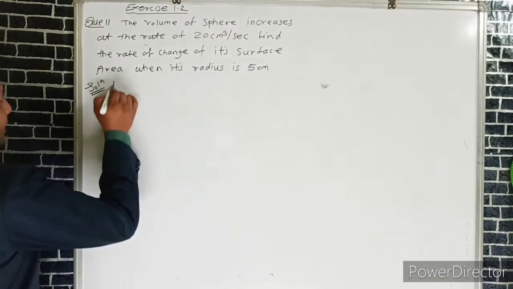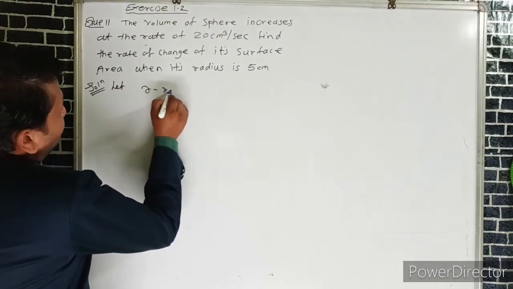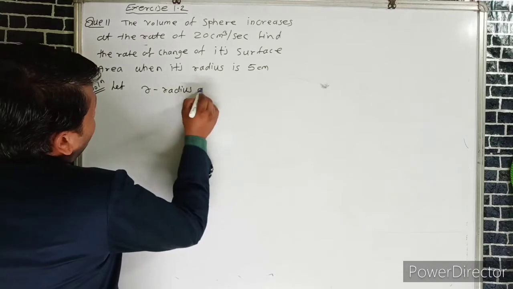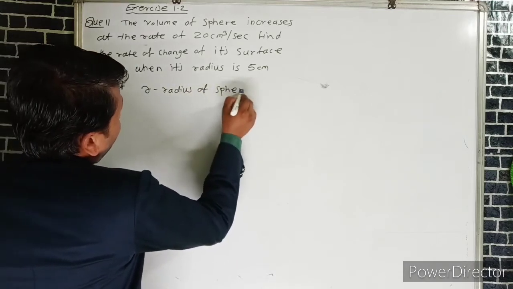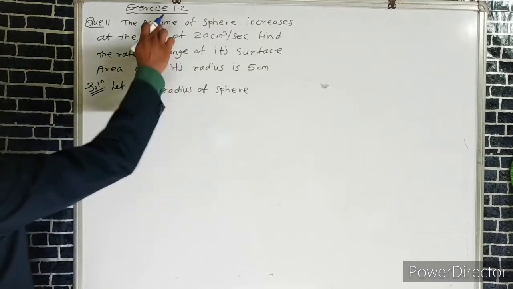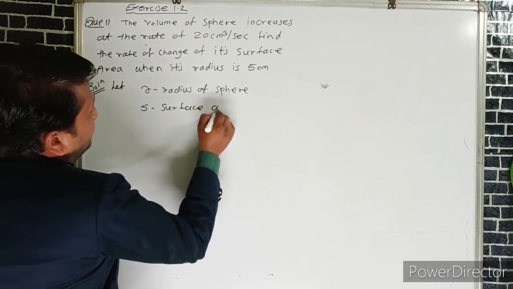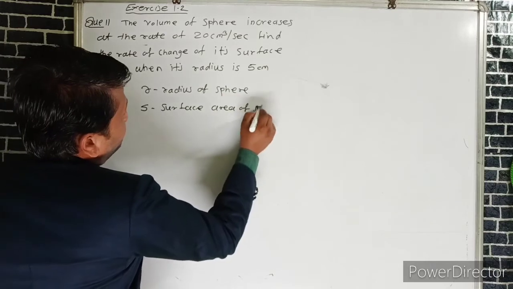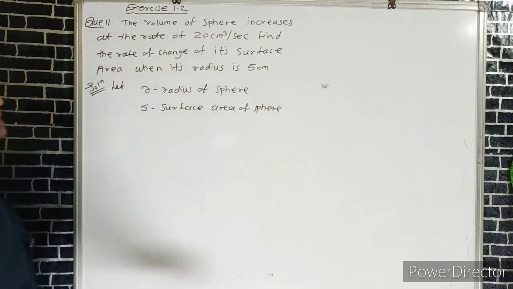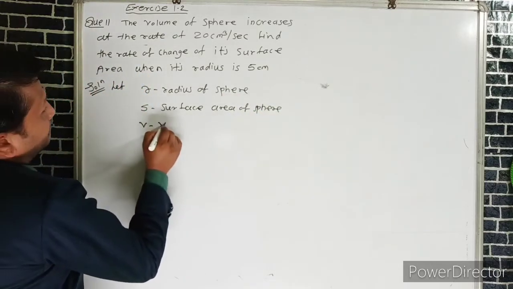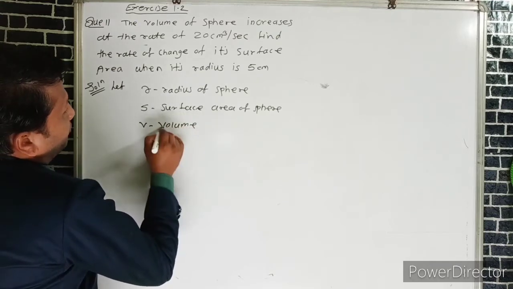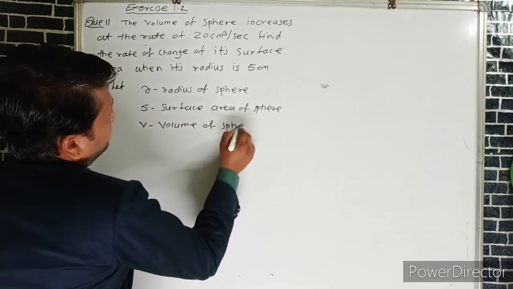First, we consider that let r be the radius of the sphere. After that, S be the surface area of the sphere. And V be the volume of the sphere.